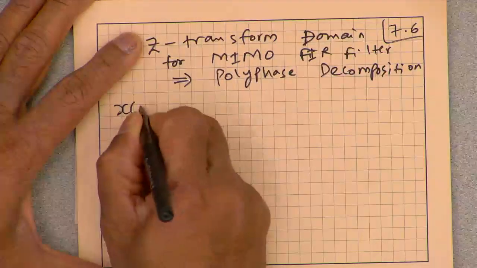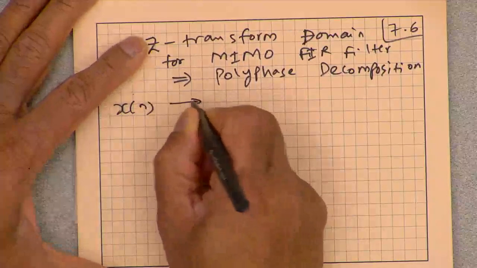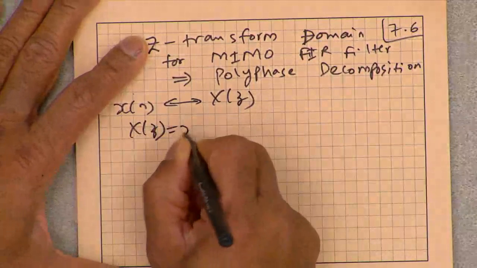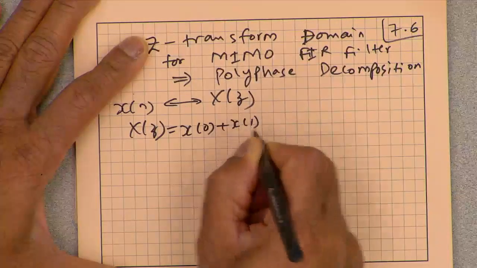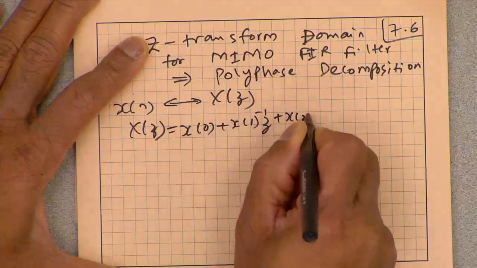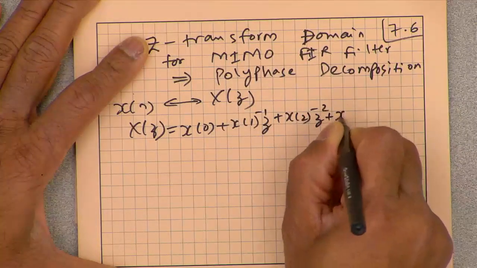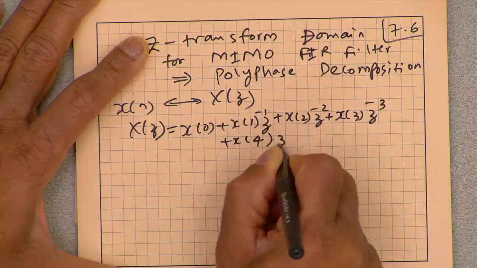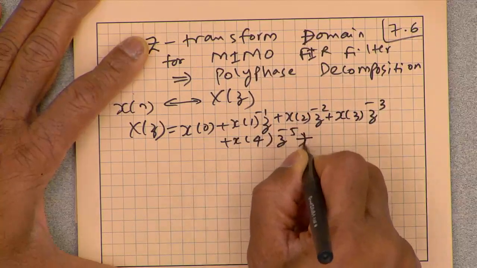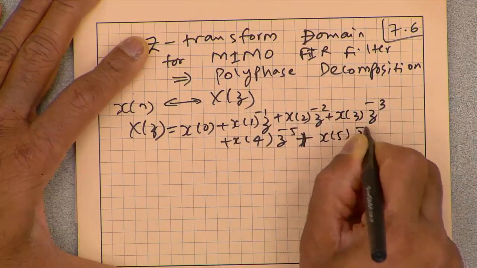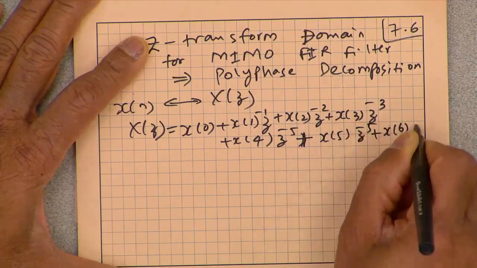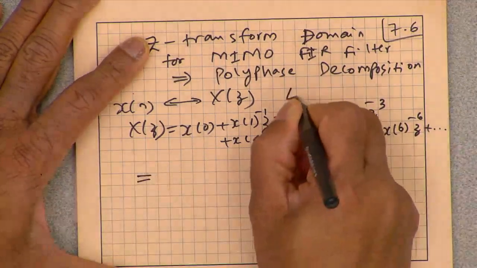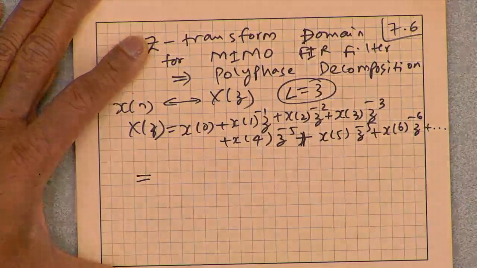If the input signal x[n] has Z transform X(z), I can write X(z) as x0 plus x1 z to power minus 1 plus x2 z to power minus 2 plus x3 z to power minus 3 plus x4 z to power minus 4 plus x5 z to power minus 5 plus x6 z to power minus 6, etc. Now let's say L is equal to 3, divide into 3 polyphases.